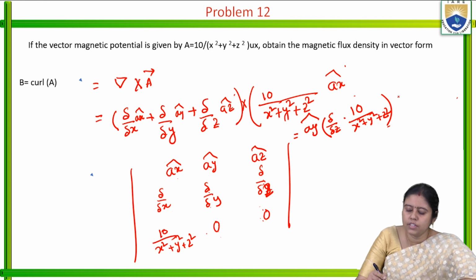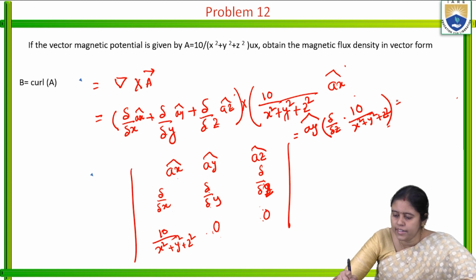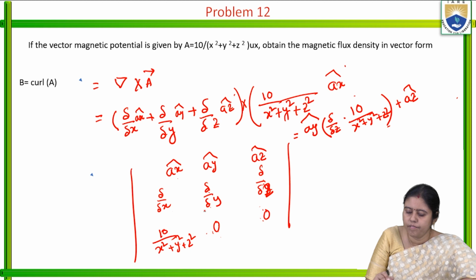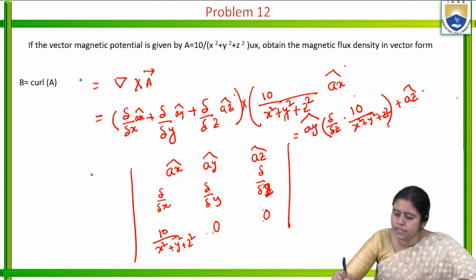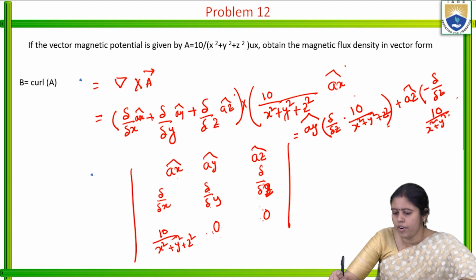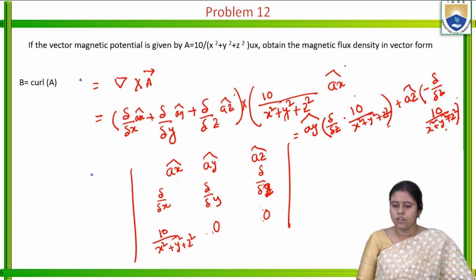Next az means minus of del by del y into 10 by x square plus y square plus z square. So this is the question number 12.